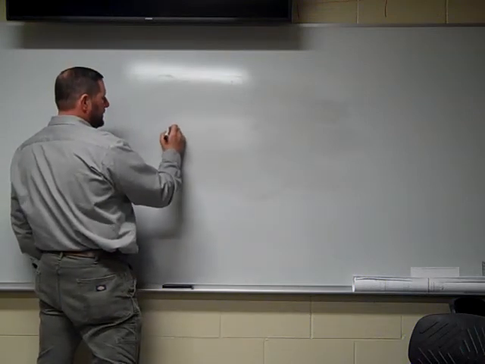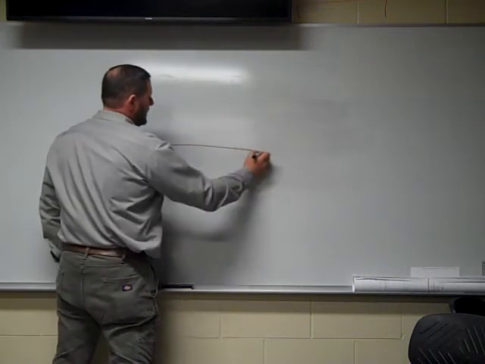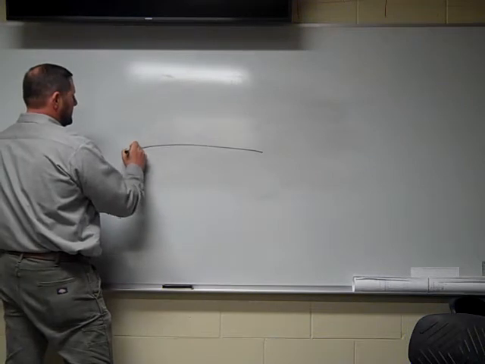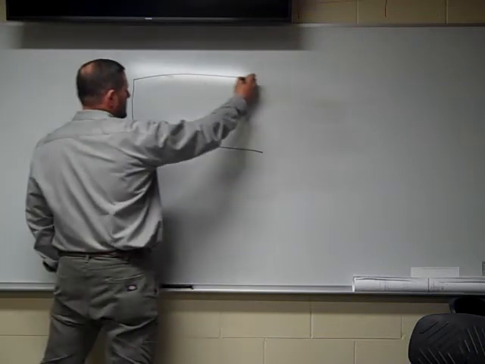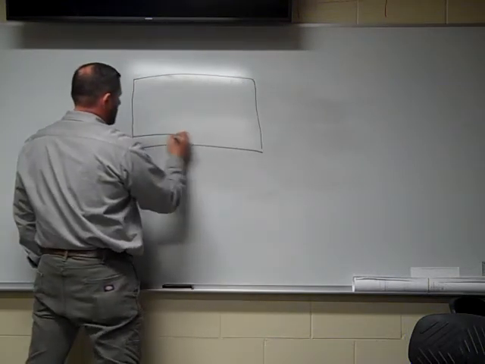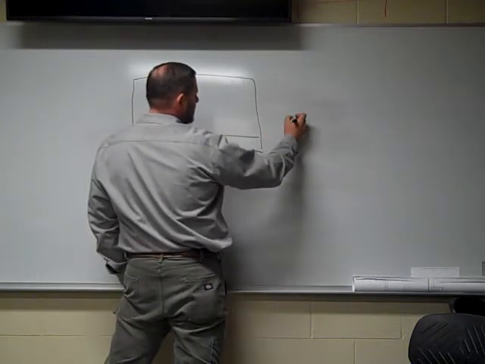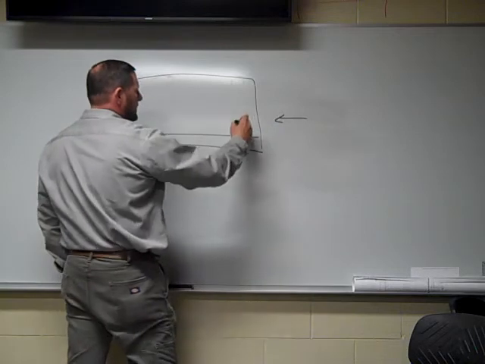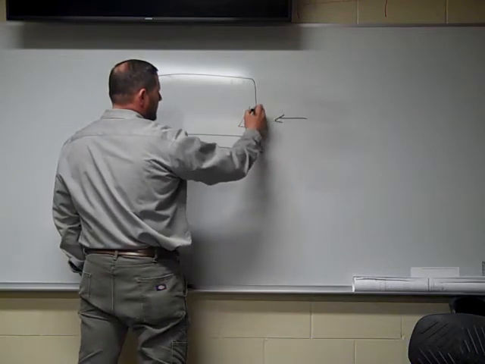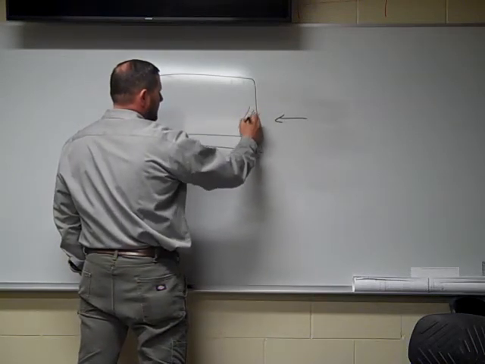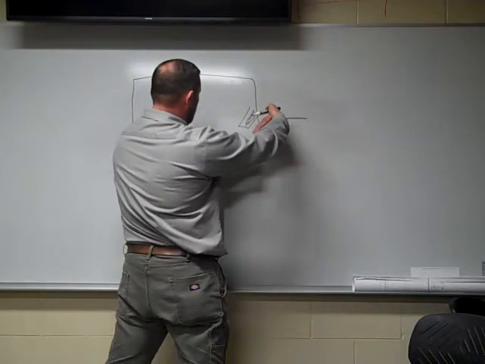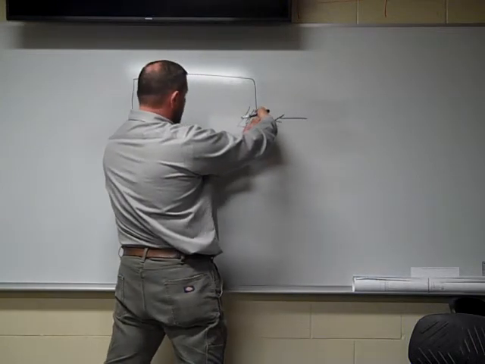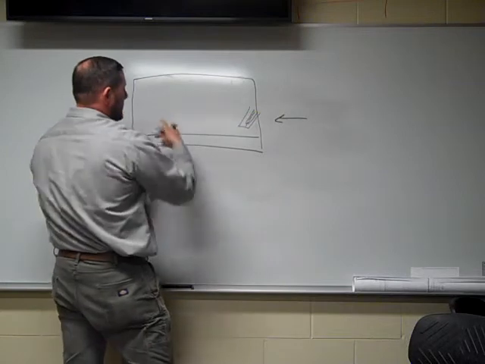So what I mean by that, for example, here's my T-joint. Let's say I'm going to weld in this direction. I'm right-handed. Now, here's my gun angle. This would be what they call a forehand progression. That means I'm going to have my gun pointing towards the direction that I'm traveling, and I'm going to work it this way.